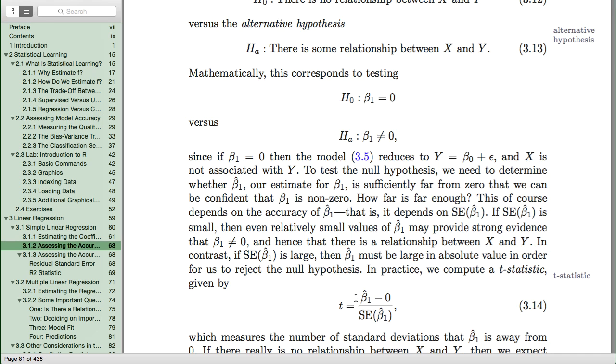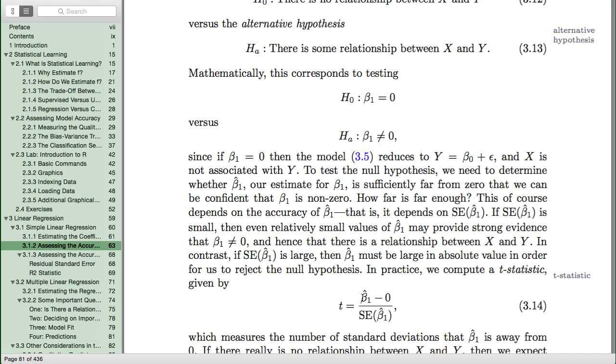If the coefficient is big and the variability around it is small, then this number, the t statistic, will be quite large. If this number is very small and the variability around it is quite big, then this number will be quite small. So we would expect that the alternative hypothesis is true if this number is large. We would expect that this isn't 0 if this is large and this is small.